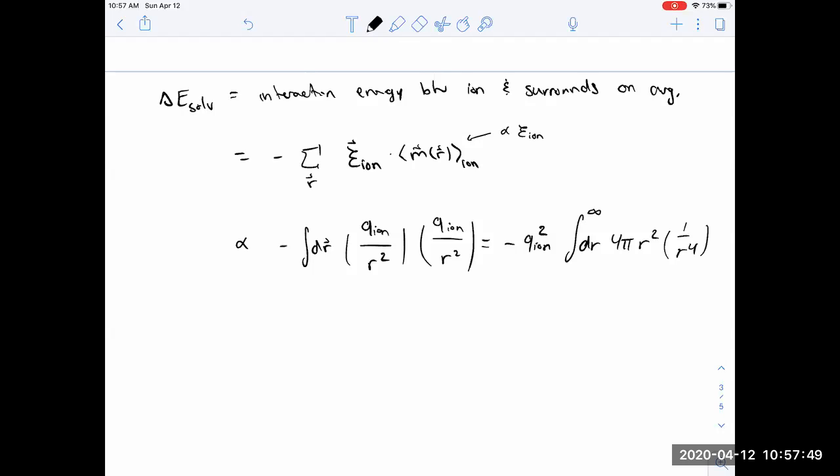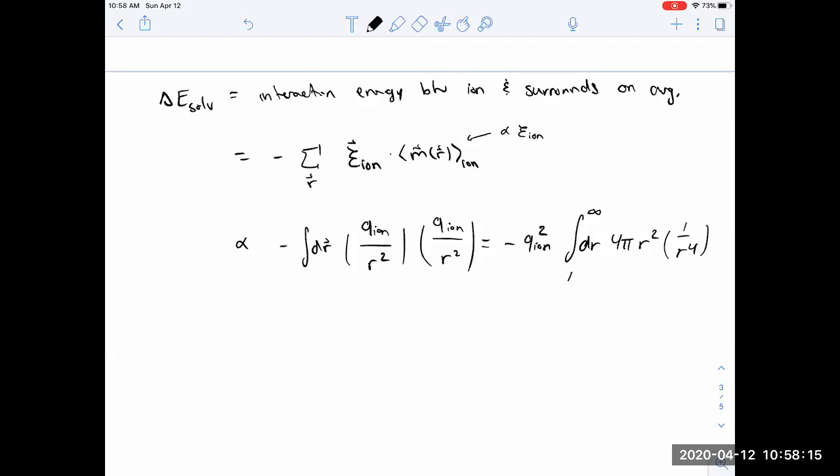But the lower bound has to be something we specify, and we remind ourselves of the microscopics of the system in doing so. Namely, we are thinking about the interactions of the ion with the field generated by the solvent. So that field should not be able to penetrate into the ion.